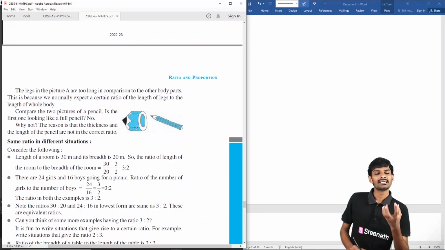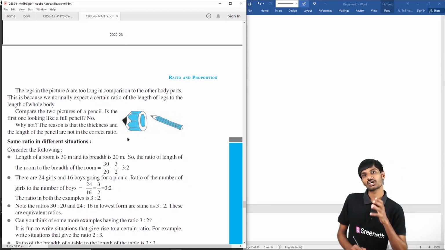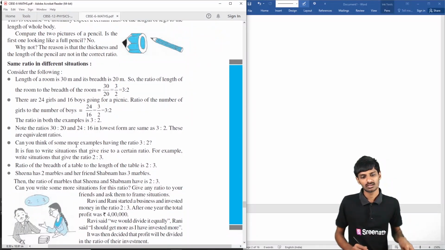Why? Because its length to diameter ratio is not good. It is not normal, it is abnormal. Here a pencil normally must have a high length and small diameter, but here it is having small length and a large diameter. That's why it is not a good thing. It is not in a correct ratio.